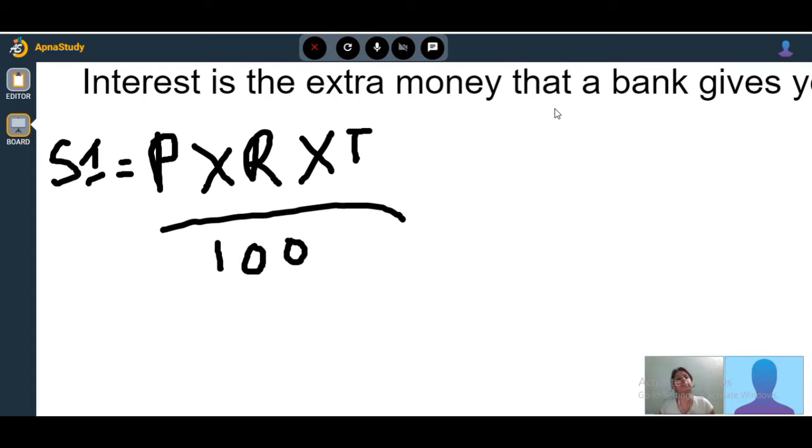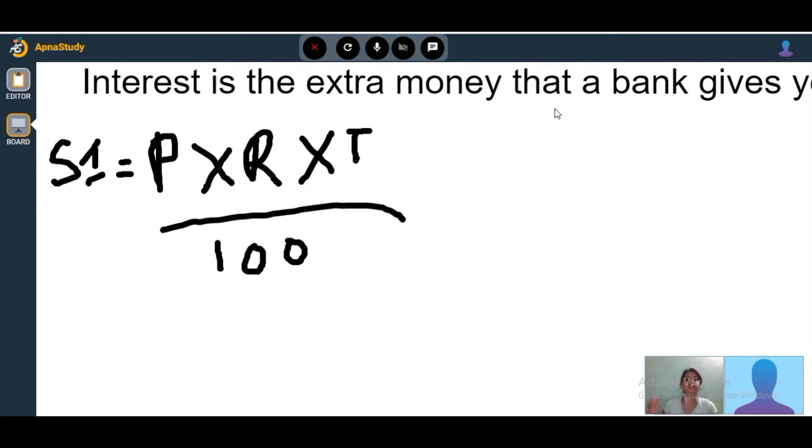In case of simple interest, for the whole time period, the interest is calculated on the initial principal that has been considered. But in case of compound interest, we calculate the interest on the interest itself.